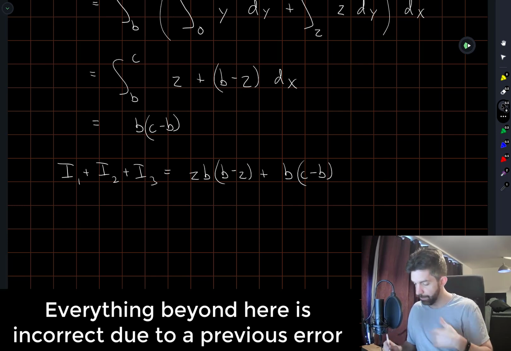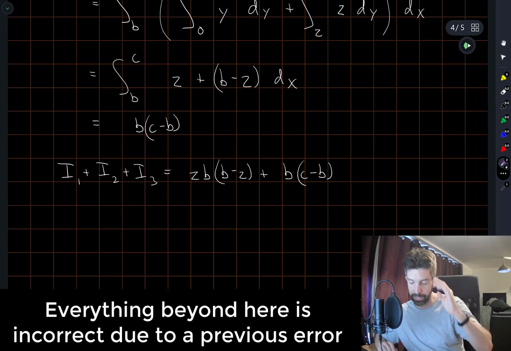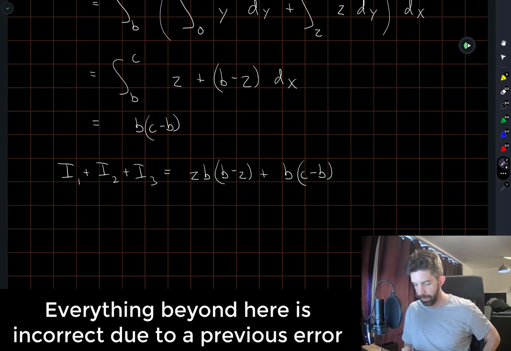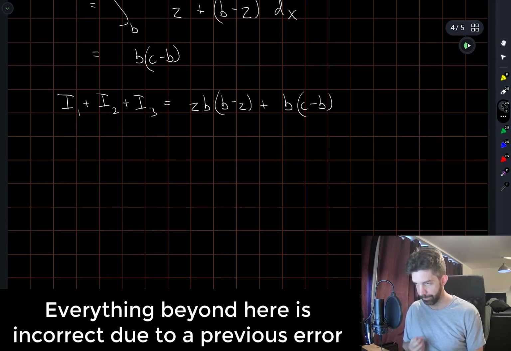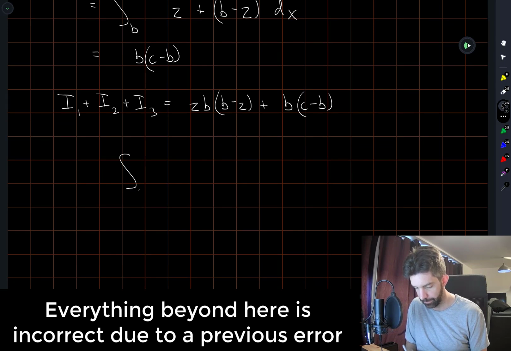Okay, and everything here is positive, right? The function we're integrating is positive everywhere. I've made the comment already that z is always less than b, and we know c is greater than b, so this is all positive. This is good. And what I need to do now is integrate this as z goes from 0 to c. No, 0 to a.